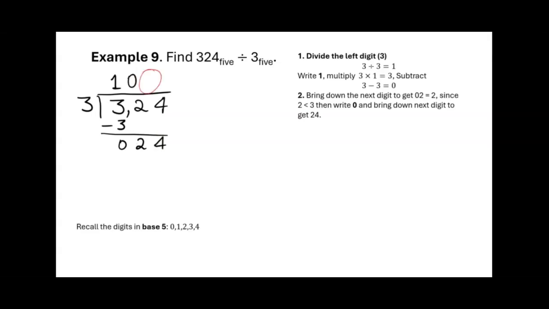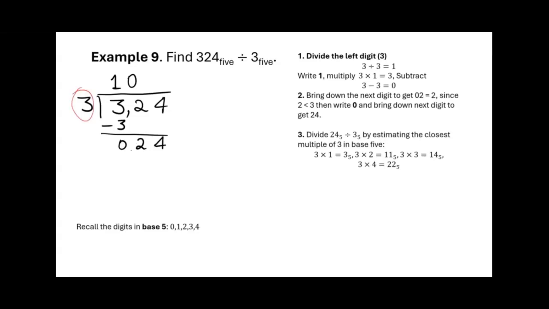To guess what goes on the top, I cannot do the regular division or multiplication. I have to do them in base 5. The way we usually divide is that you look at all of the factors. What is the largest multiple of 3 that would fit into 24?